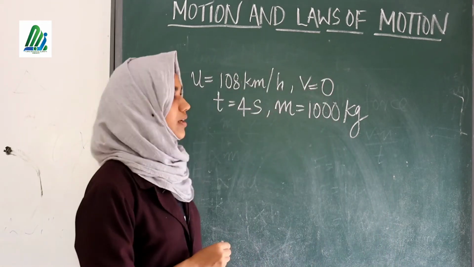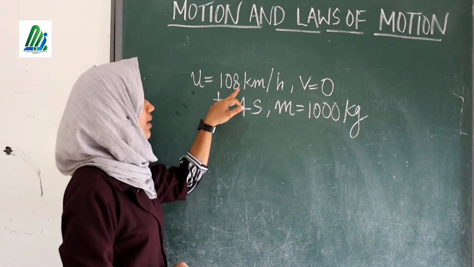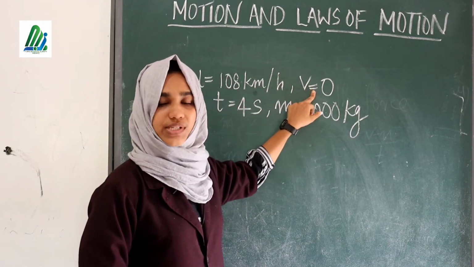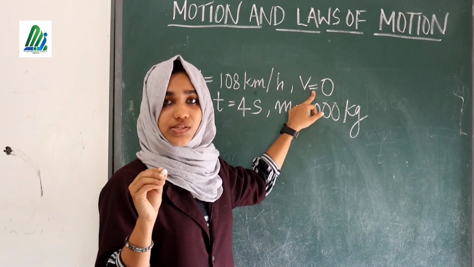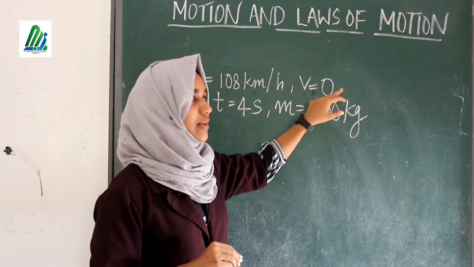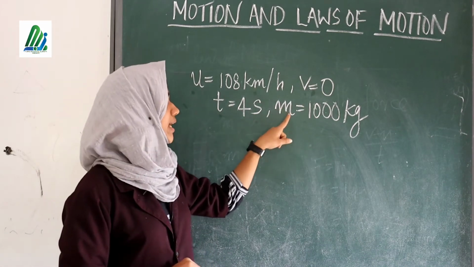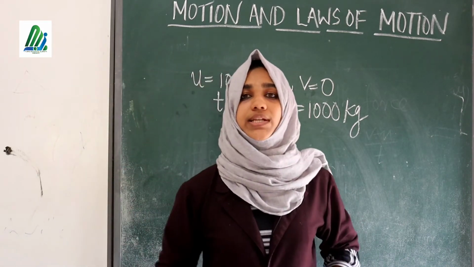So here the initial velocity is 108 km per hour. Then here the final velocity, when the car comes to rest, is 0. Then time is given as 4 seconds and mass is given as 1000 kilogram.